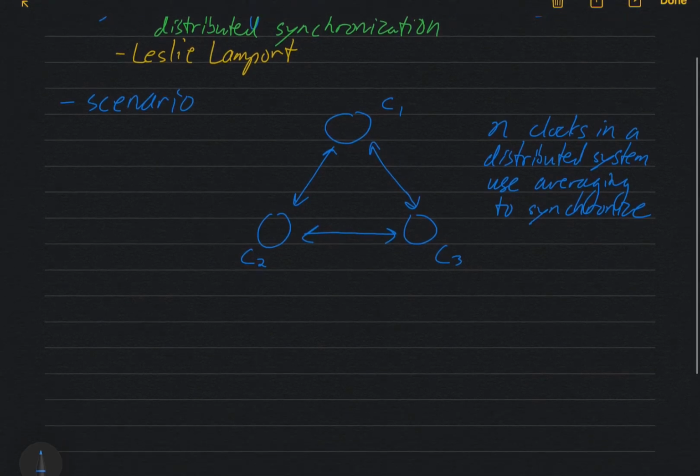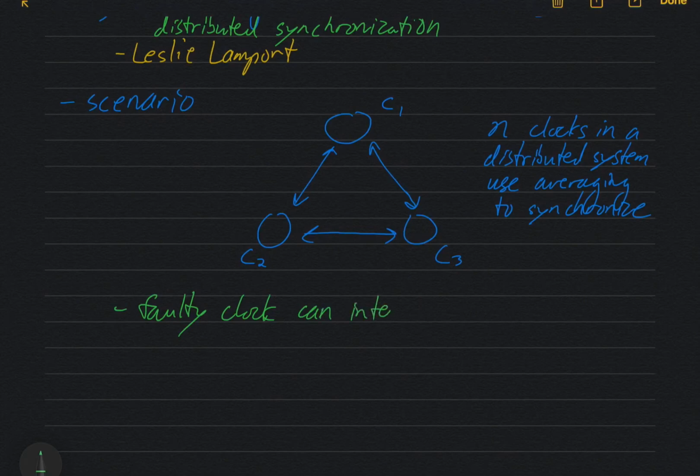The problem is that a faulty clock can obviously cause problems and interfere. Let's say, for example, that clock 1 is faulty.